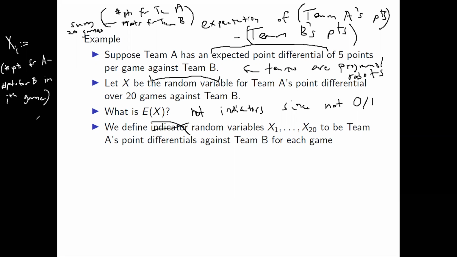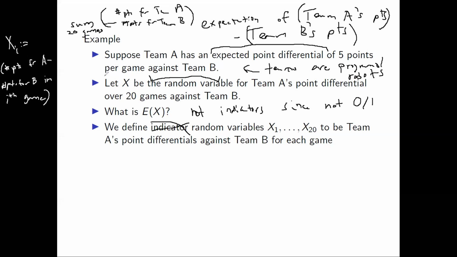So it's just that random variable. And we have a total of 20 games, so we have an x1, x2, all the way up to x20.